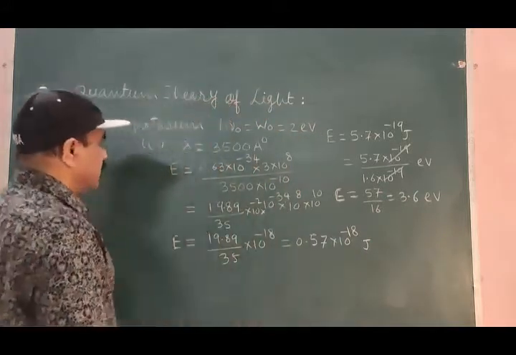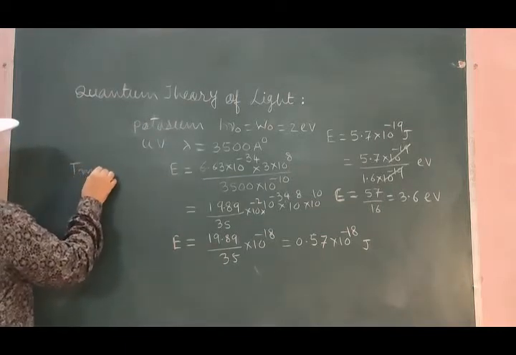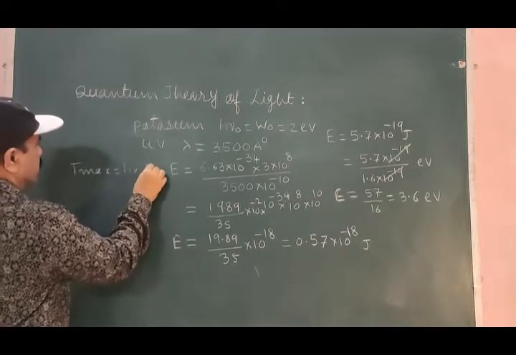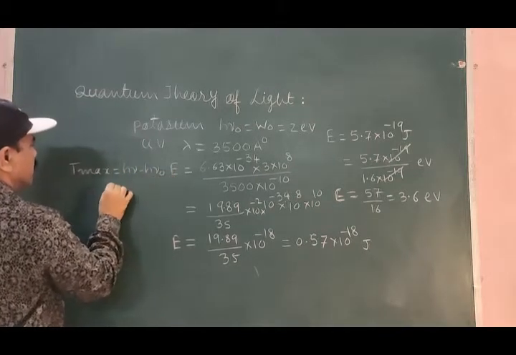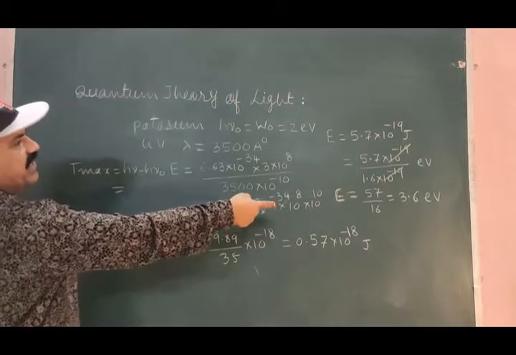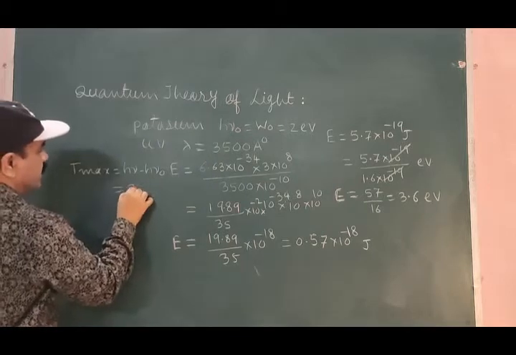And therefore, now we can use this formula. Tmax is equal to h nu minus h nu 0. H nu we calculated, h nu 0 given, put these values.